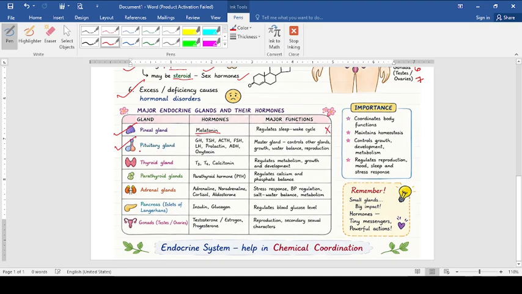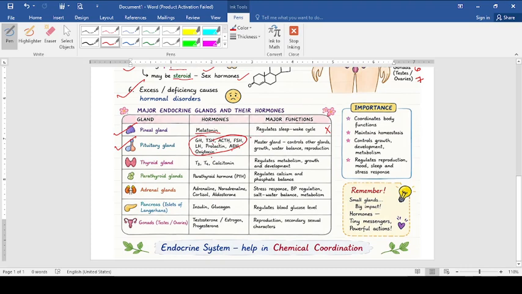Move to the pituitary gland. It is a bilobed, pea seed-like gland, which is releasing so many hormones, which we are going to discuss in the next class. These are growth hormone, thyroid stimulating hormone, adrenocorticotropic hormone, follicle stimulating hormone, luteinizing hormone, prolactin, antidiuretic hormone, and oxytocin. So this we will discuss in the next class.